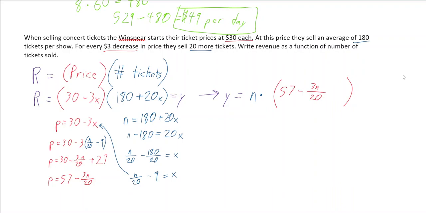So now we can multiply the n into the brackets. So we get, and let's do it in terms of this, negative 3n squared over 20 plus 57n.